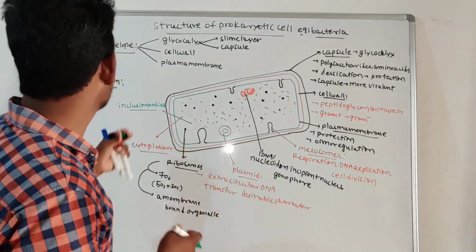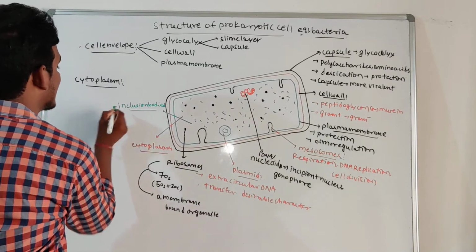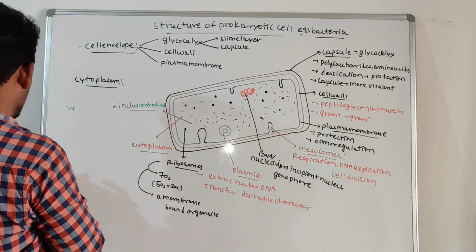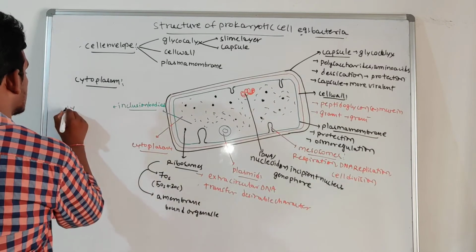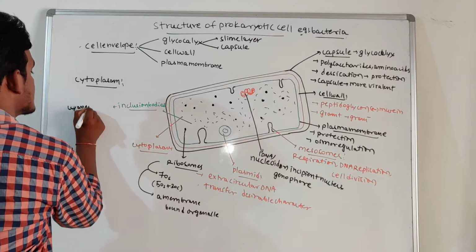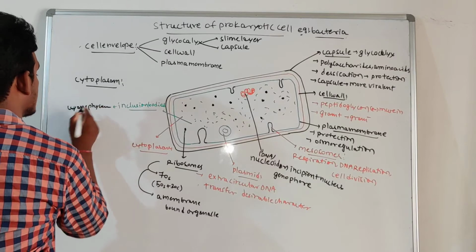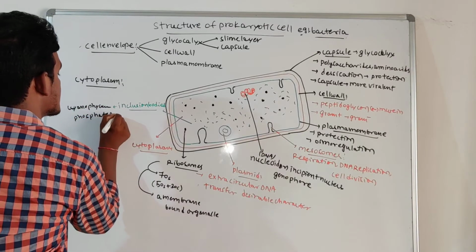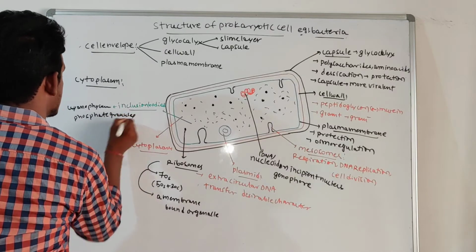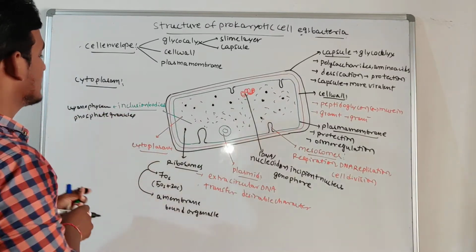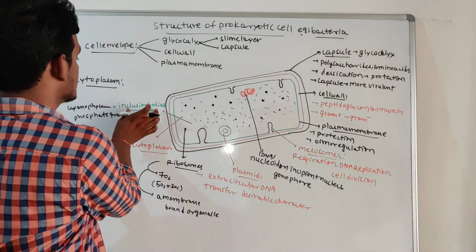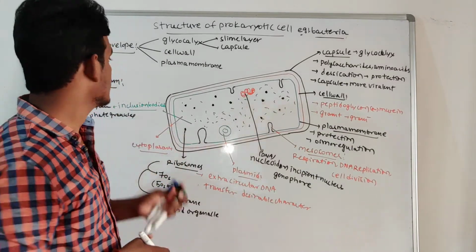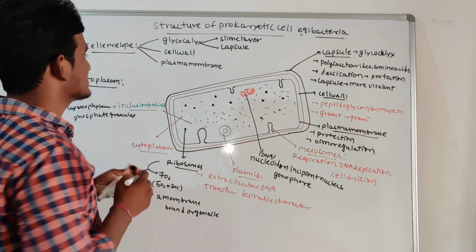These inclusion bodies are in the form of various granules like cyanophycean granules and phosphate granules, right? In the form of granules it is present. So these inclusion bodies are not surrounded by any membrane. These are all present in the cytoplasm.